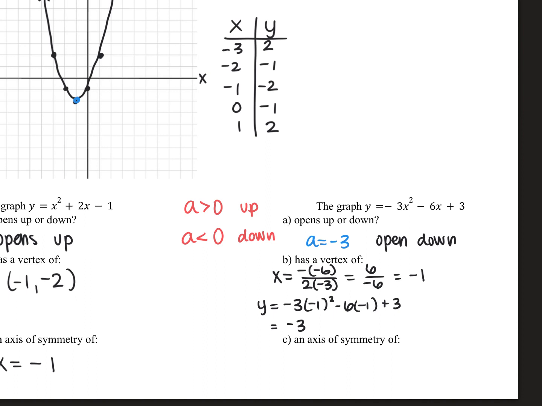I get -3 times 1, which is just -3, plus 6 plus 3, which is going to give me 6. So that tells me my vertex is at -1, 6. And then my axis of symmetry is the same as the x value from the vertex, so x equals -1. You can also find the axis of symmetry first and then find the vertex. Those are kind of interchangeable in their process because we technically find the axis of symmetry while we're calculating the vertex.